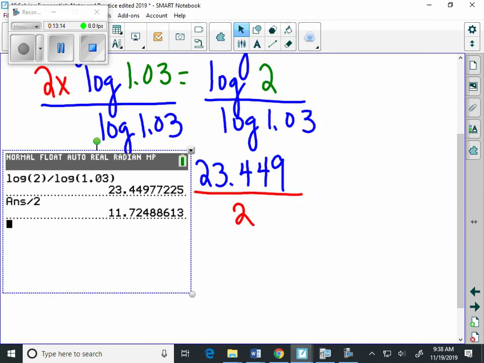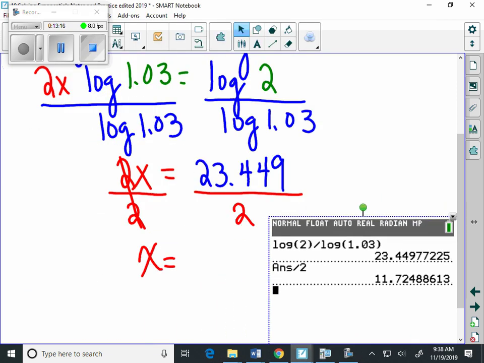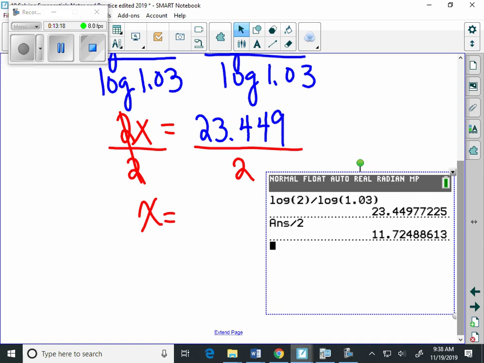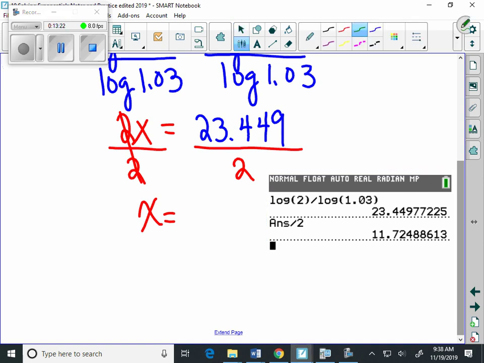And what we end up with then is 11 point something. We're going to round to the nearest thousandth. So we're looking at the first 8 again, coincidentally, to determine what to do to the 4. And because 8 is 5 or higher, we're going to get 11.725.